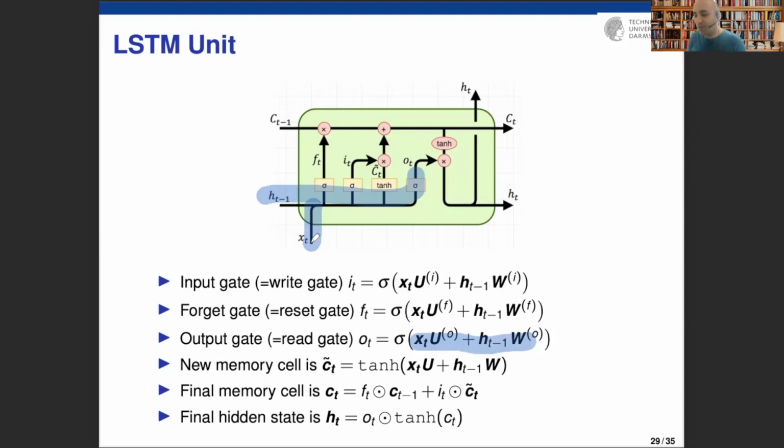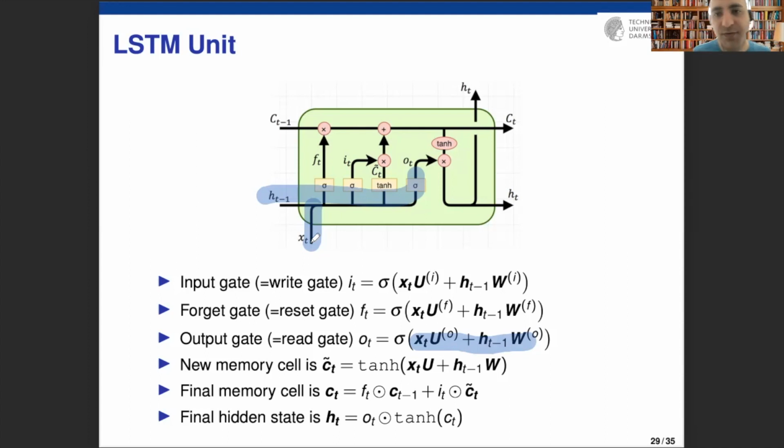Whenever you want to filter some connections in your neural model, you usually shouldn't do that manually. It's better to use, for example, a sigmoid function, which can learn which values of the input should be filtered out. Okay, I just wanted to mention this.